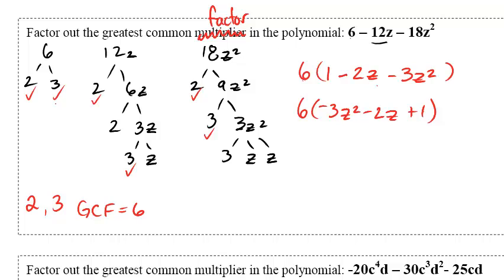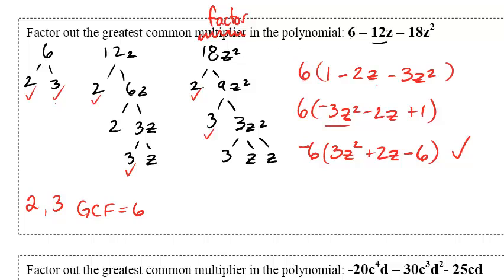And even more, we usually make sure that this first term is positive. So if I take a negative 1 out of each of these terms, I can make this a negative 6. A lot of words, easier to see if I just write it. So if I make that a negative 6, that makes this a 3z squared plus 2z minus 6. So I would say that's the best way to write the answer.